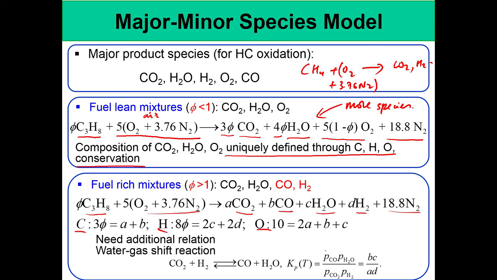The Kp of that will be defined by this, because if you immediately apply the derivation of Kp that we have obtained, in terms of the partial pressures raised to the stoichiometric coefficients, for this water gas shift reaction, you will find that Kp is proportional to B times C divided by A and D. You can get this value from the table, and we can find the additional equation that was missing to derive the 4 unknowns.